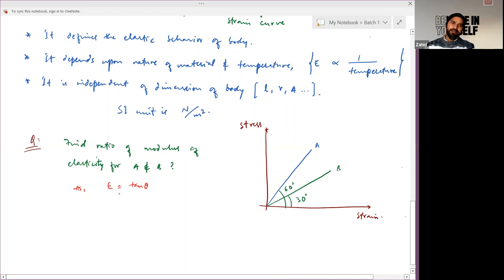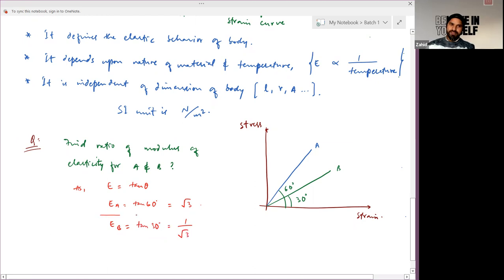Suppose for A, what is theta? 60 degrees. So tan 60 is nothing but √3. Second, for B, theta is 30 degrees, so tan 30 is 1 by √3.